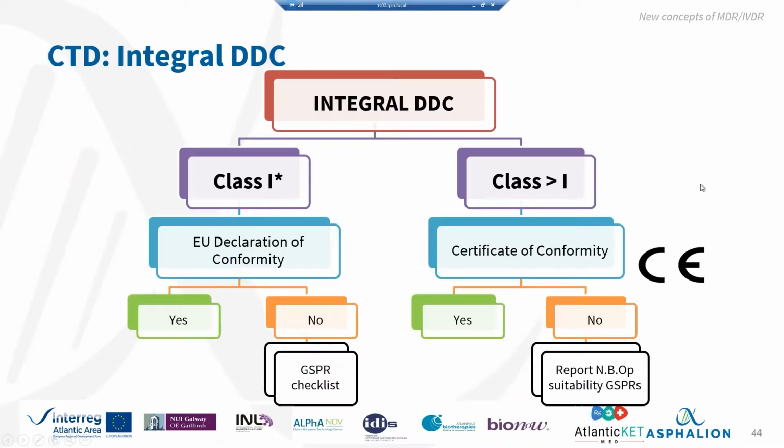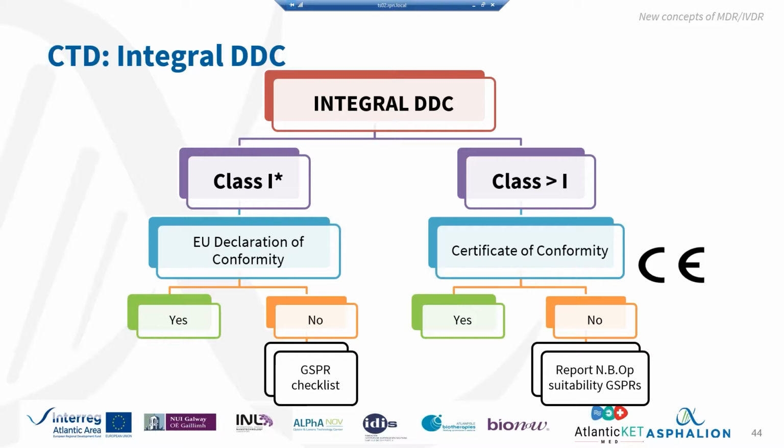So what does this article say? What is new, what is being incorporated in the regulation, is that if your device, which is higher than class 1, does not have a certificate of conformity, you need to provide a notified body opinion. Okay, what does that mean?